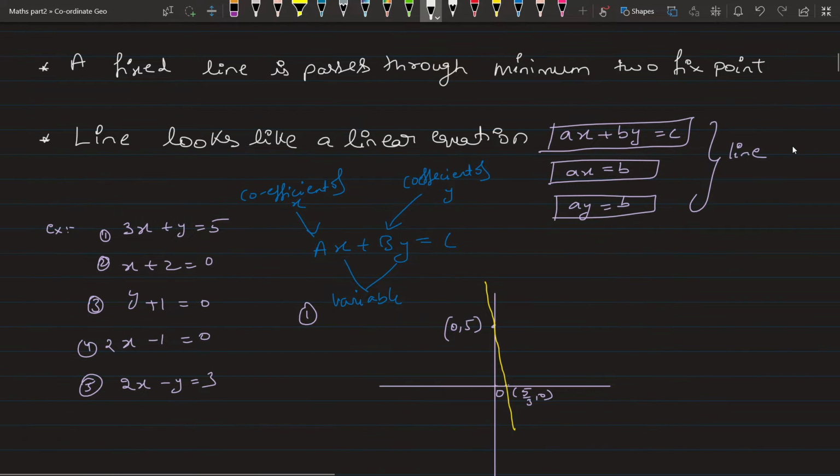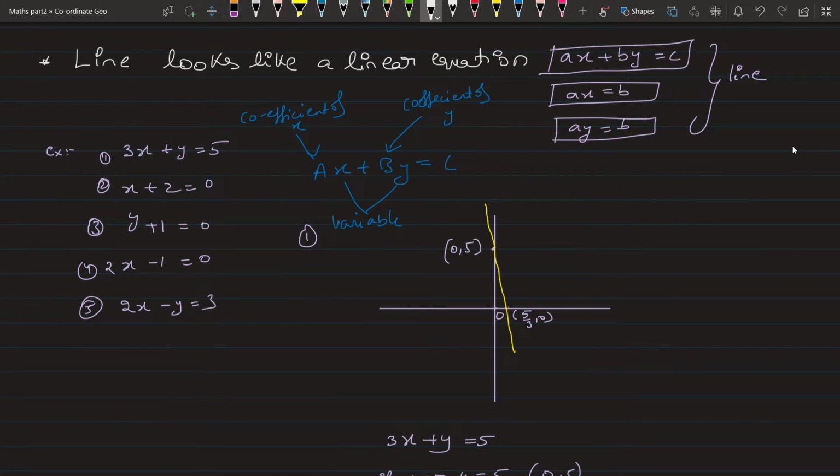Here are some equations of a line. ax plus by equals c can be a line. x equals b, where there is no y term or the coefficient of y is 0, is also known as a line, and in the last equation there is only y and the coefficient of x is 0.